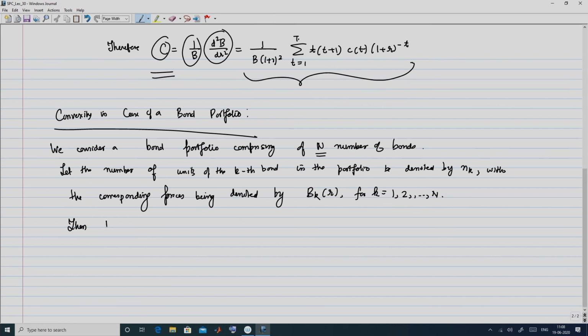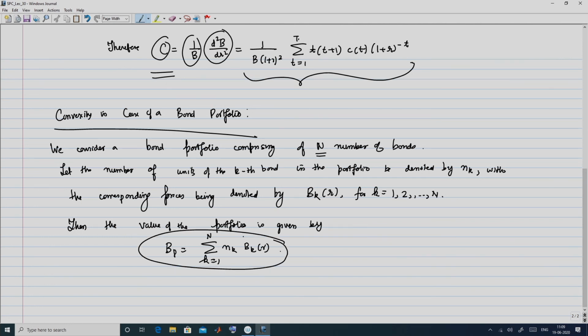Then the value of the portfolio is given by B_p is equal to summation n_k B_k(r), k equal to 1 to capital N. So this is basically the value of this bond portfolio.